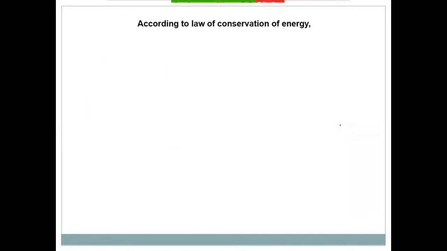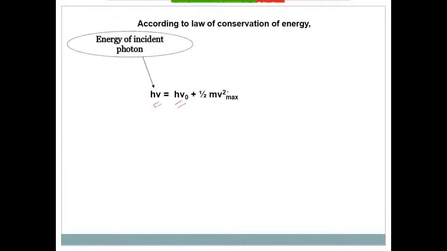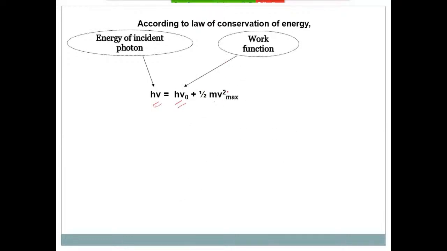So according to the law of conservation of energy, h nu is equal to h nu naught plus half m v square. Here h nu is the energy of the incident photon, h nu naught is the work function. What is work function? Minimum energy required to eject an electron from the metal surface. And half m v square is the kinetic energy of the photoelectron.